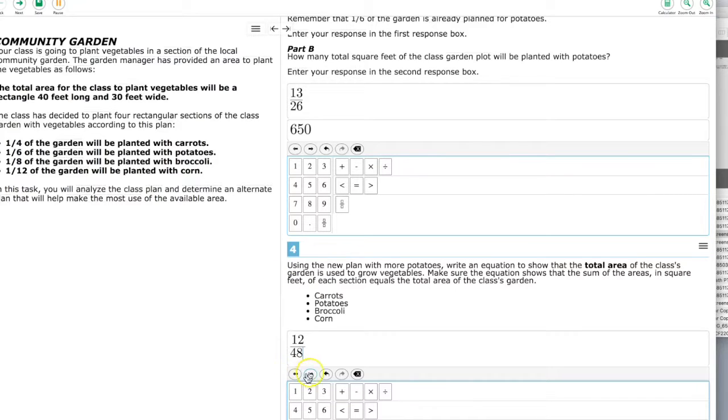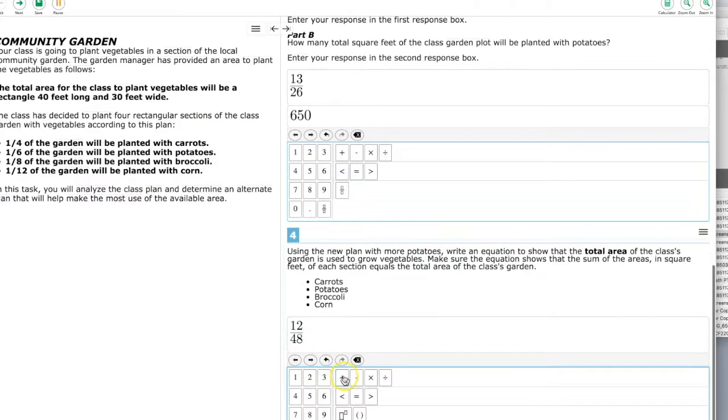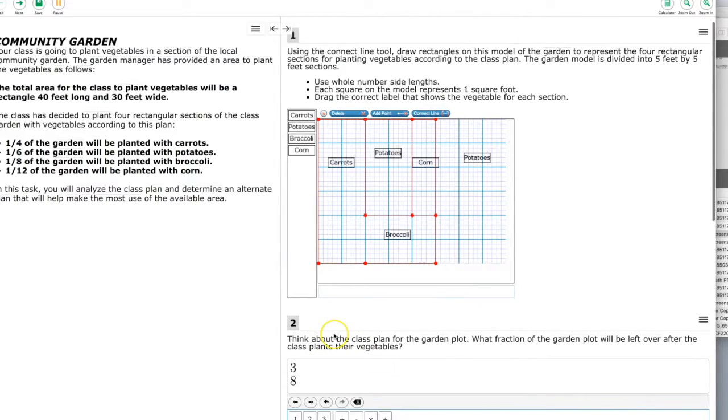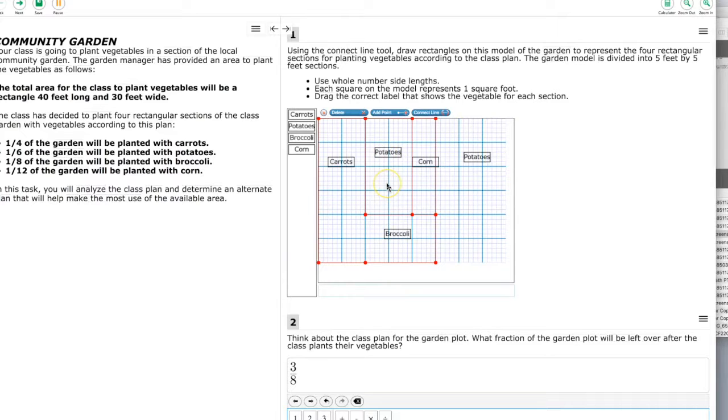Okay, plus the potatoes. Let's not do the potatoes yet because there's more potatoes over here. Let's just go for the smaller ones.